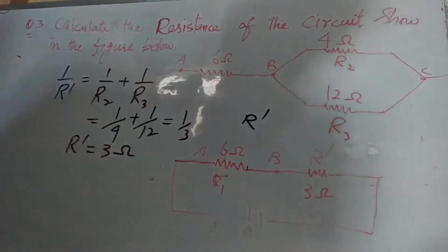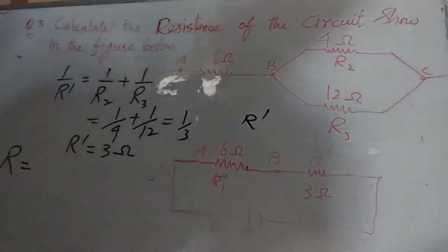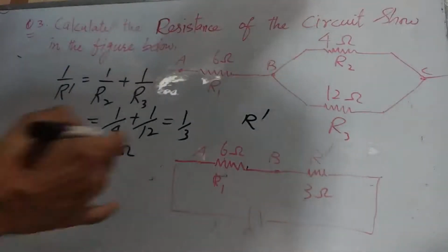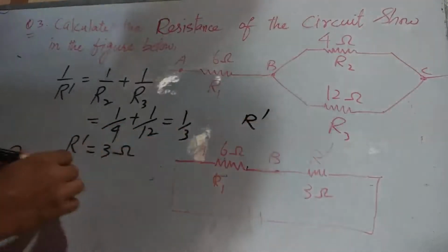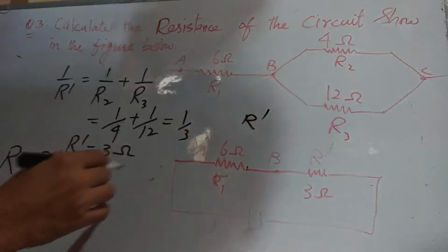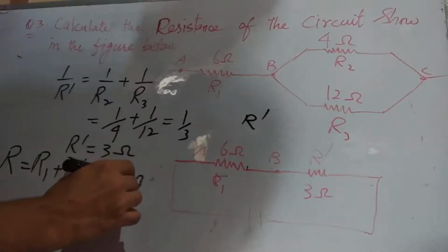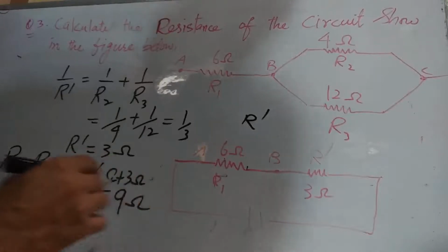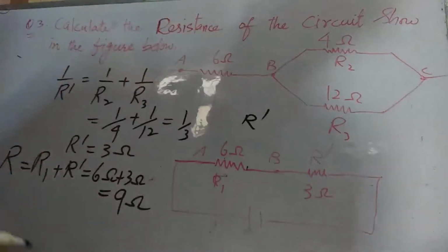So if the net effective resistance is capital R, then R is R1 plus R dash. R1 is 6 ohm plus 3 ohm, which is equal to 9 ohm. So net effective resistance in this circuit is 9 ohm.